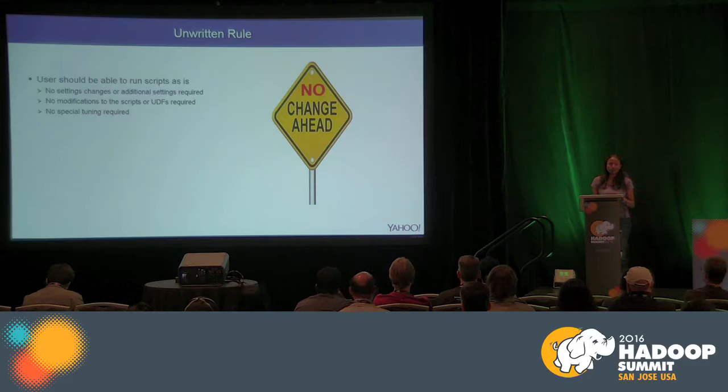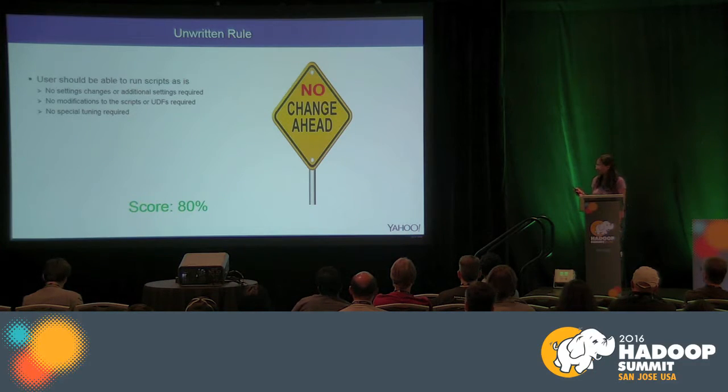You don't have to change anything, you don't have to increase your parallelism or increase your memory or change your UDFs. So that was our goal. With the volume that we had, if we didn't do that, it would have been really a nightmare. But we still had to do some changes. I'll talk about that later.